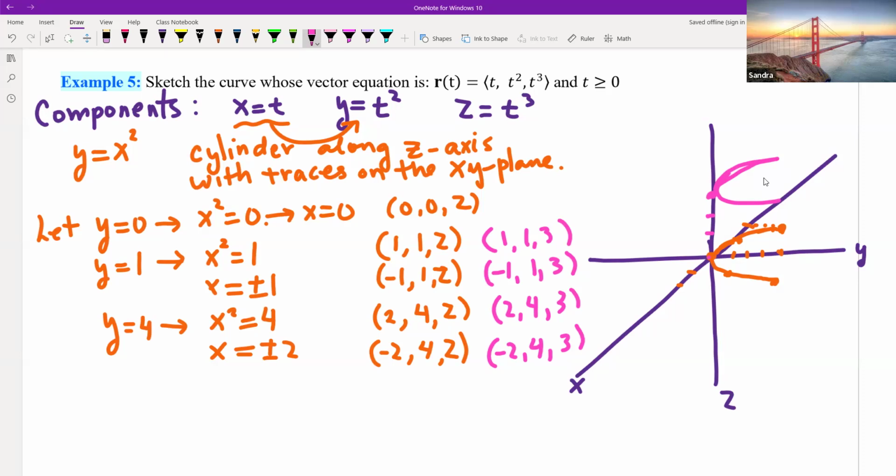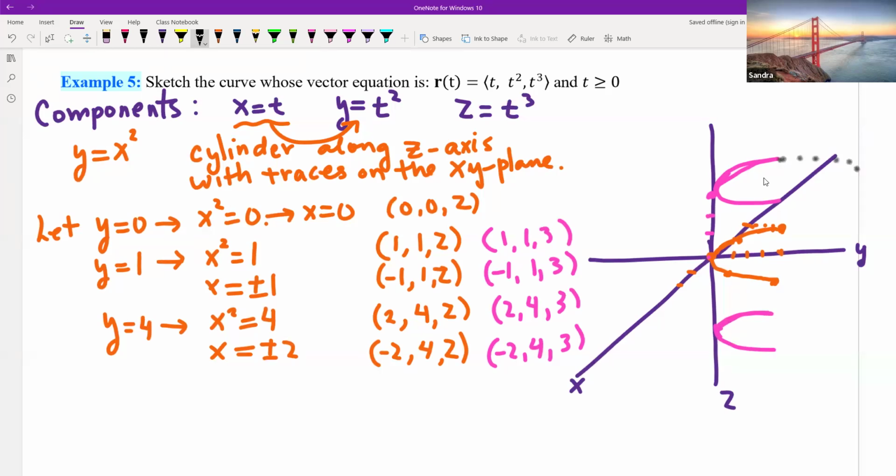Now, remember that since only one of them is squared, it gives you half of the parabola. It's not the complete parabola, but still it will be okay. Now I can have any value of z. I can do another one over here, and we'll do the same. Now I can complete this.